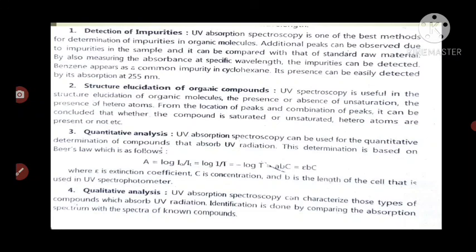Next is quantitative analysis. UV absorption spectroscopy can quantitatively determine a compound through the absorption of UV radiation.